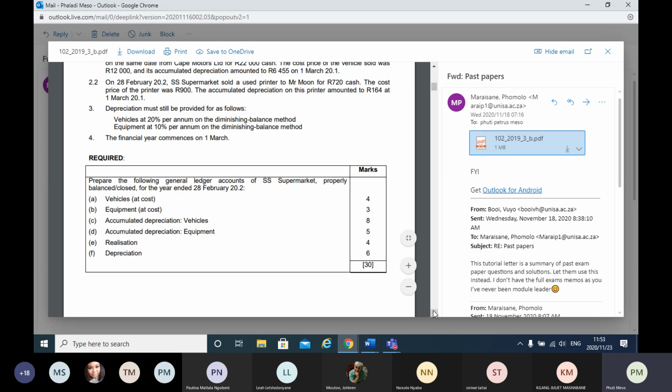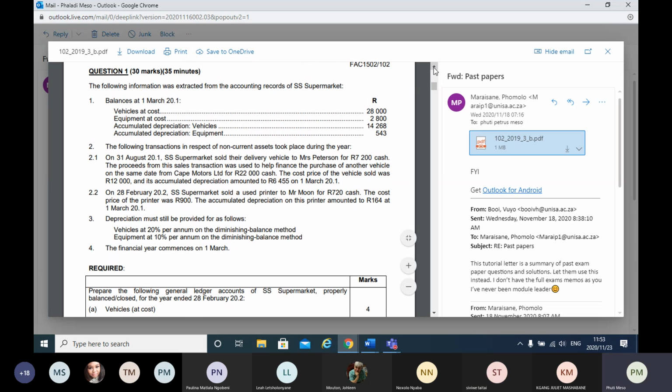Starting with the vehicle, the depreciation on the vehicle is 20% per annum on the diminishing balance method. That's the first thing that you have to look at, because you cannot calculate the depreciation without knowing the method in use. At the beginning of the year, we had a vehicle at a cost of 28,000 rand. Let's look at additional information number 2.1, where it talks about the sale of the delivery vehicle.